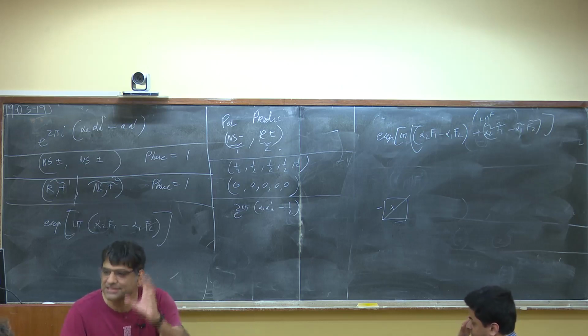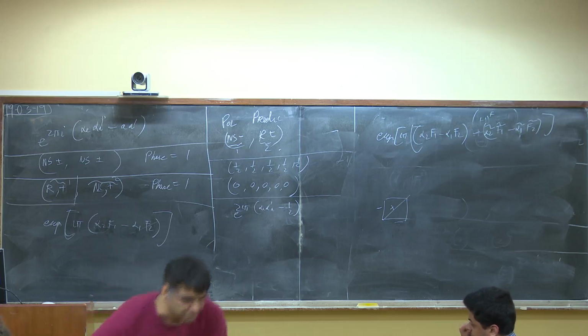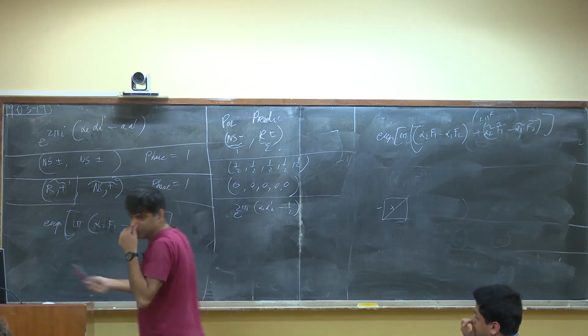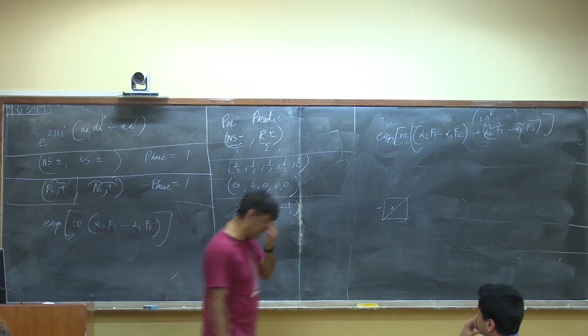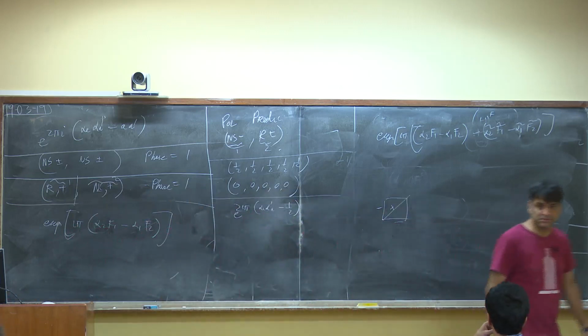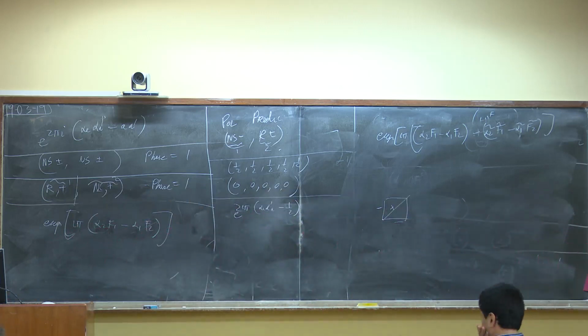That's why modular invariance on the torus is sort of a key. You always need a Ramond sector. We need at least one left-moving Ramond sector, at least one right-moving Ramond sector.